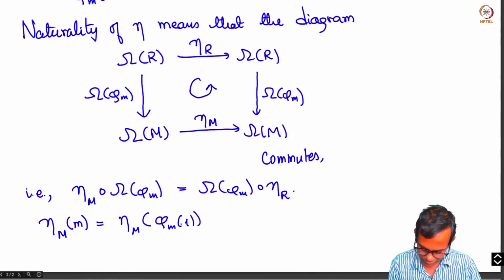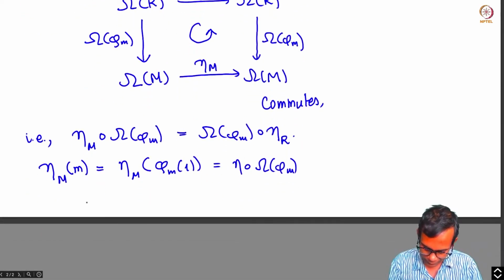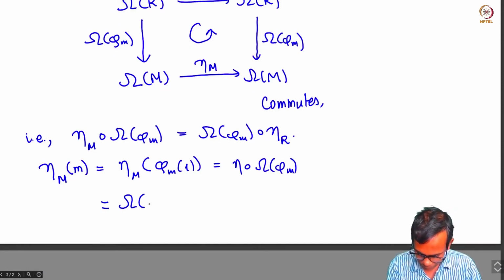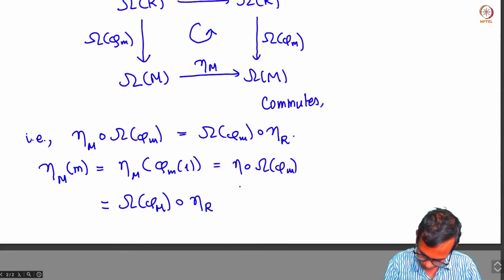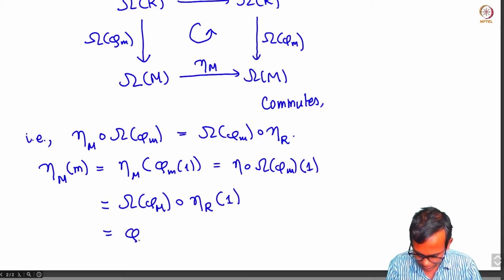So this is eta M of phi M of 1, but that is the same as eta M circle omega phi M of 1. And by the commutativity of this diagram, that's omega phi M circle eta R of 1, which is phi M of eta R of 1, which is a, which is am.